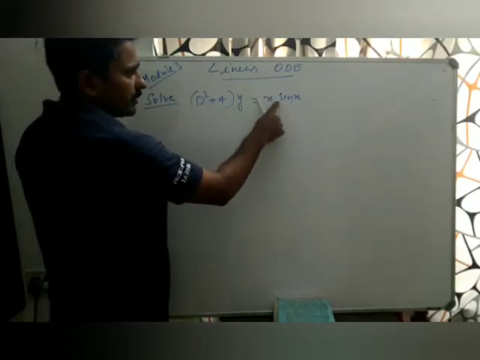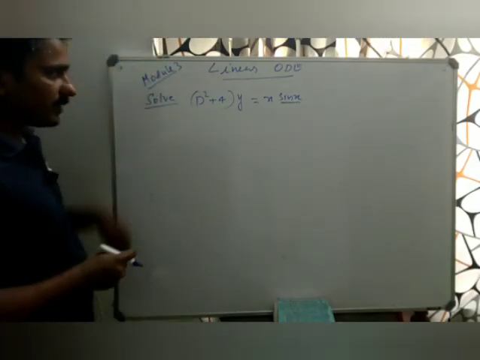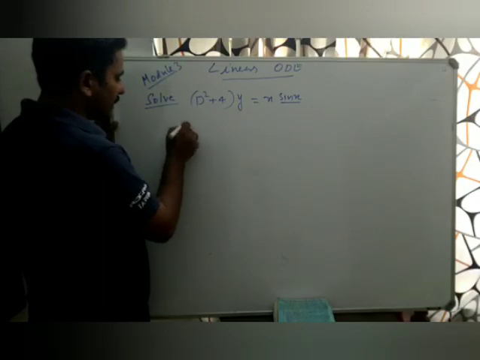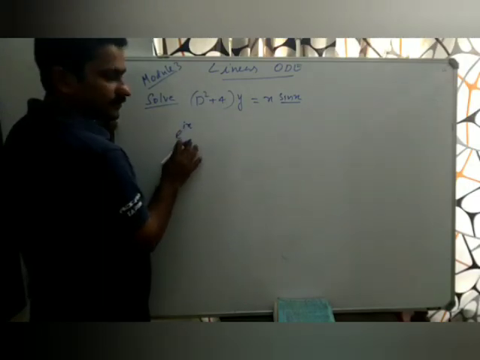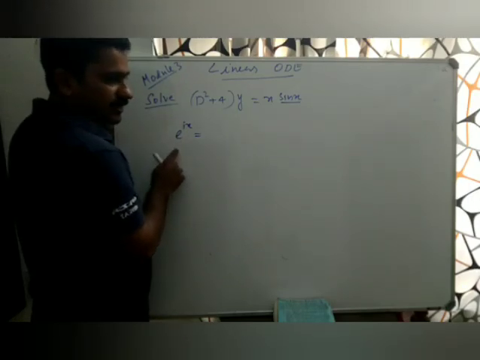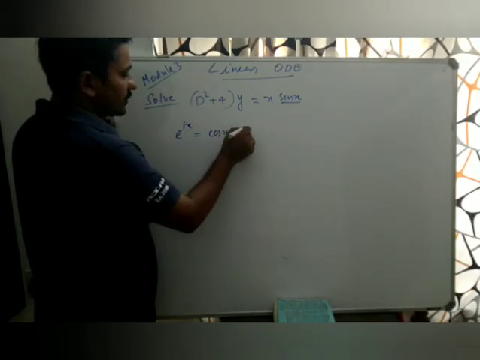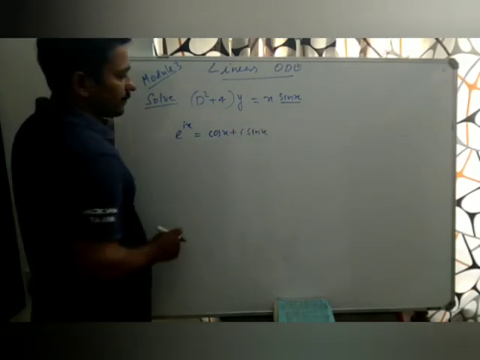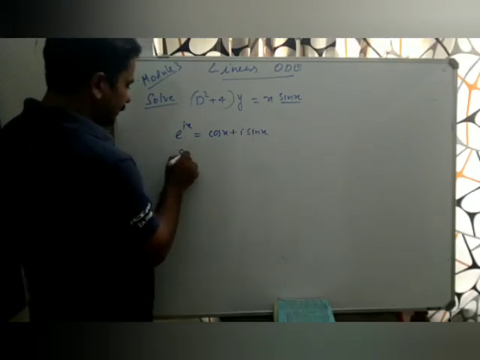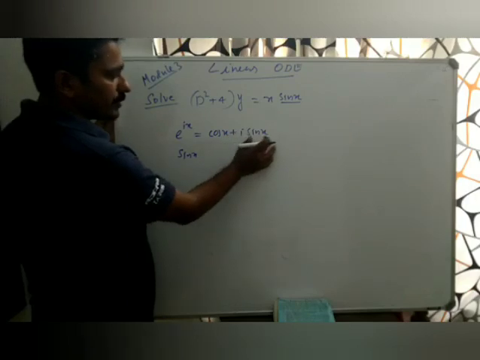So try to convert sin x as an exponential function. We know that e^(ix), we have studied this in complex numbers, is actually cos x + i sin x. This is a complex number, real part plus i times imaginary part.